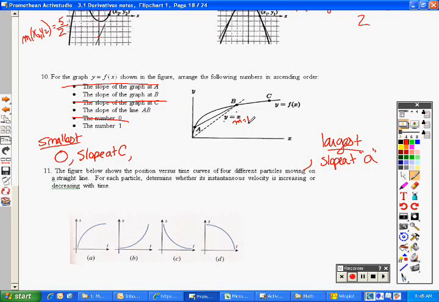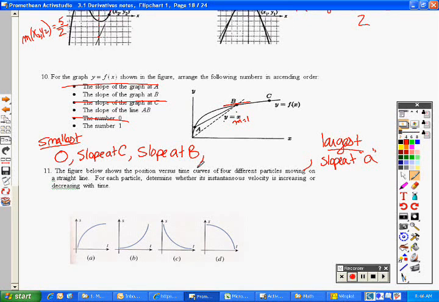Do we think that the tangent line at B has a slope that's bigger or less than 1? If I kind of imagine drawing a tangent line right here, that slope would actually be less than 1. So I'm going to say that the slope at B is less than 1.